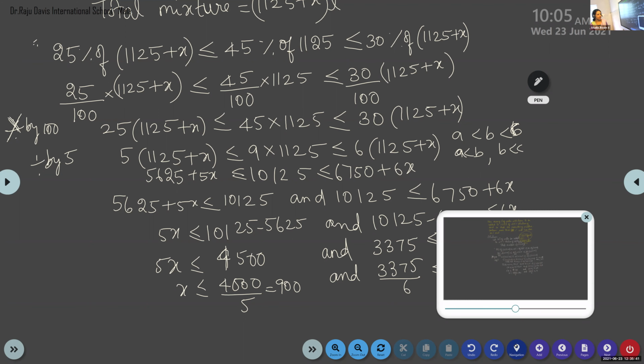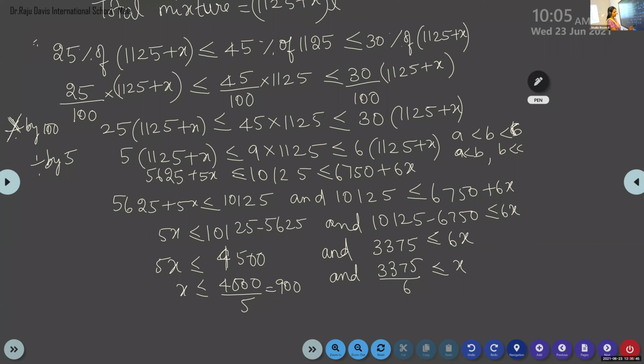3375 by 6. 6 fives are 30. Then 37. So 6 sixes are 36. Again 2 times 12. 562.5 is less than or equal to x.